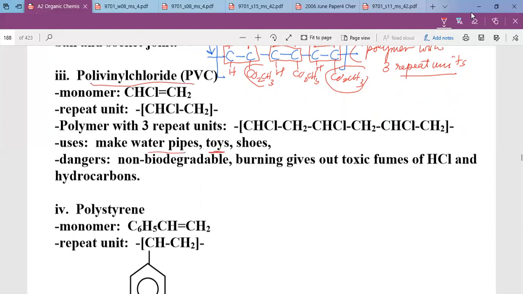Toys, Barbie toys, can toys, whatever. Shoes, the cheaper version of leather. They are non-biodegradable, and when they burn they give toxic fumes because there's chlorine here, so you get toxic HCl. So they are quite bad for the environment.